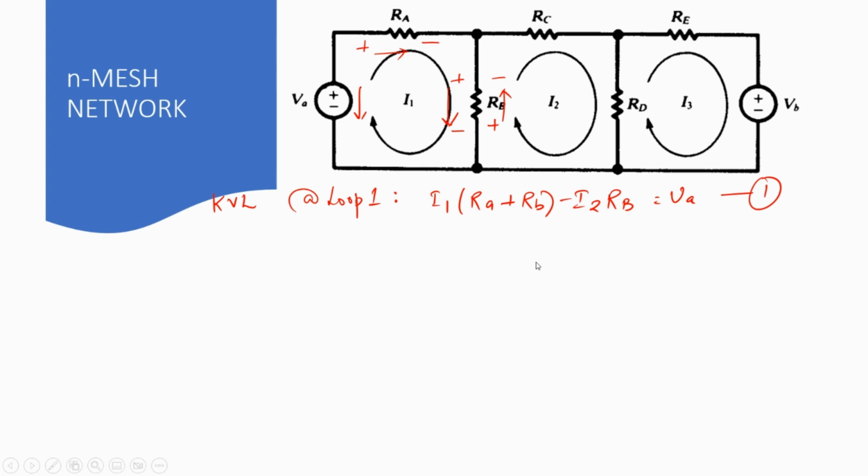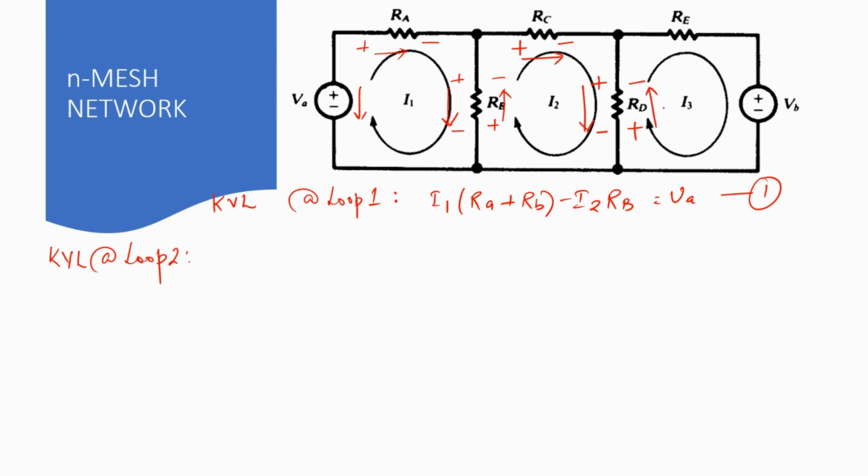Let us now look at KVL at loop 2. If we apply KVL at loop 2, we need to mark the voltage drops. Look at the I2 current. It's entering here, leaving here, entering RD here, leaving here, and I3 is entering here and leaving here. Now we can mark the voltage drop directions pointing from positive to negative.